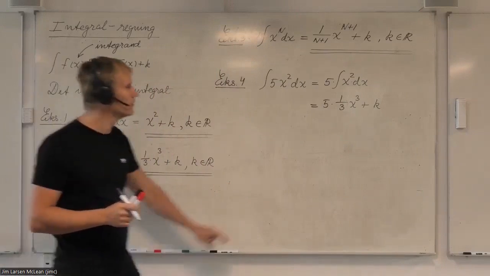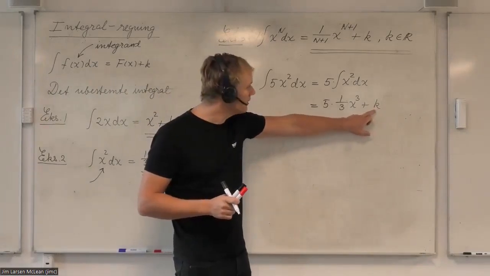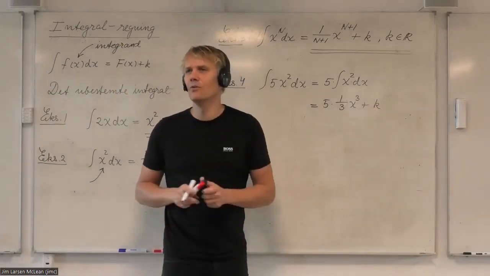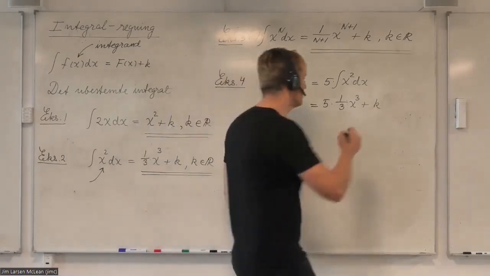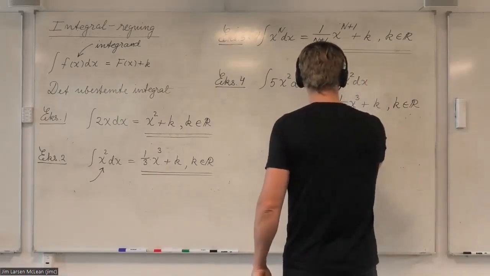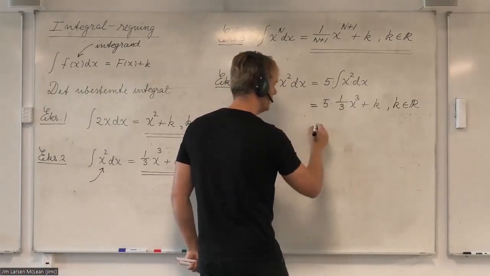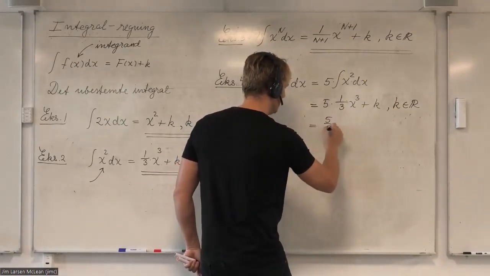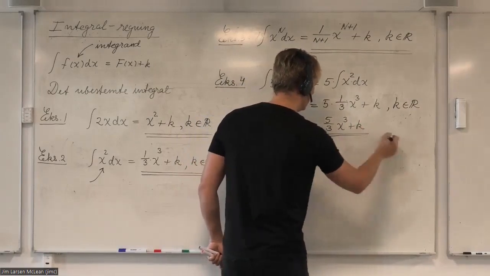So there's no reason to mess up that constant with a 5, because the constant can already be anything. So you don't bother to write 5k, you just write k. So this is the answer, and you can go ahead and multiply the 5 on top. So you'll write 5/3 x cubed plus k, finished.